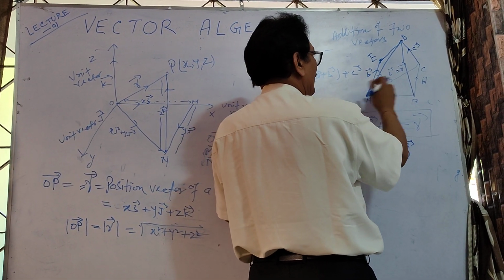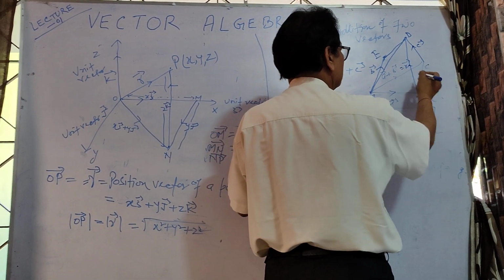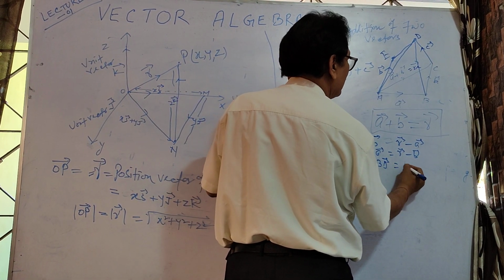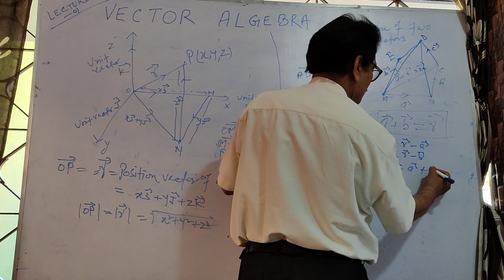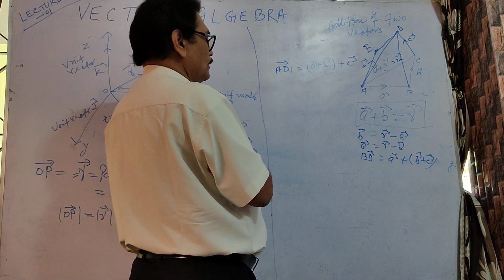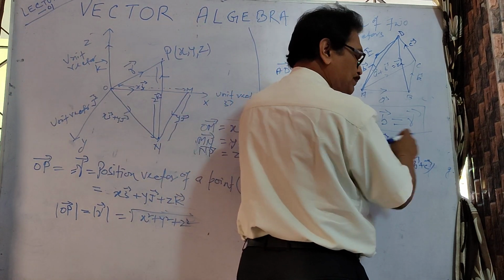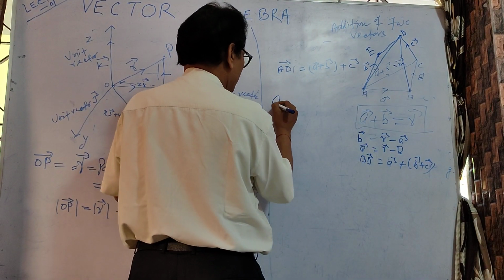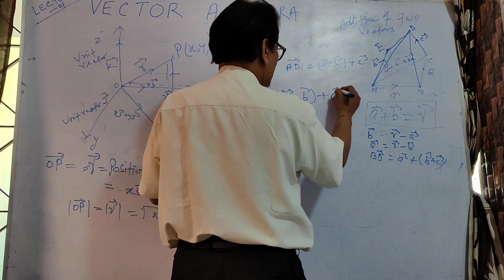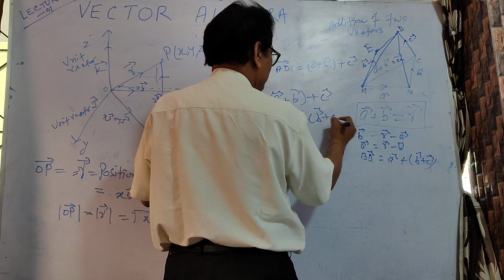So this is B and this is A plus BC. This one BD is A plus B plus C. So we can write AD as A plus B plus C and BD as A plus B plus C. So vector A plus (B plus C) is equal to (vector A plus vector B) plus vector C.